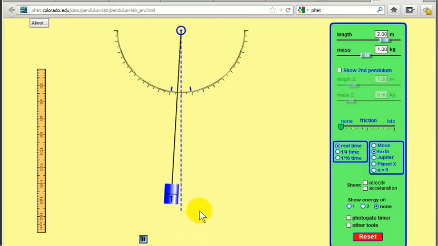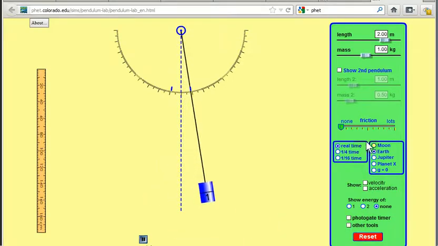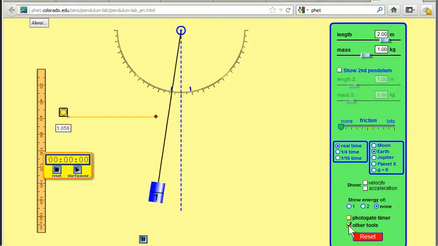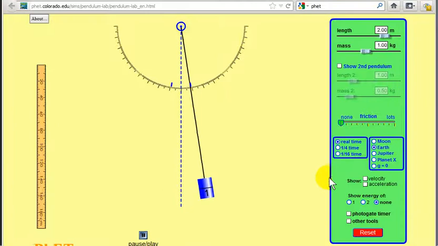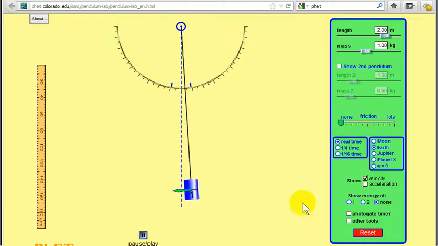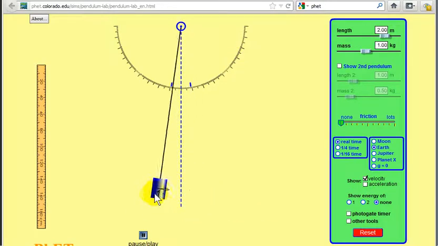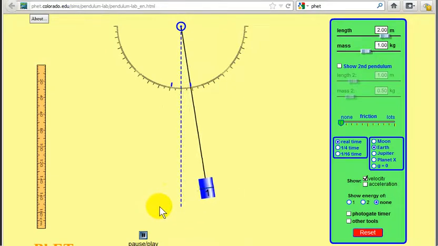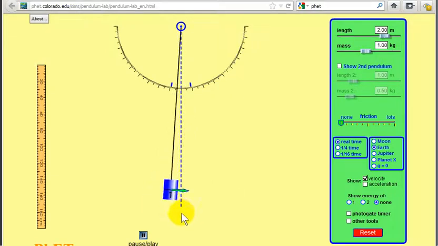Now we can show the velocity and the acceleration. Let's see the velocity first. No surprise there. We can see the velocity vector dropping to 0 when the particle reaches either end of its motion. The velocity is a maximum when it passes through the equilibrium position.